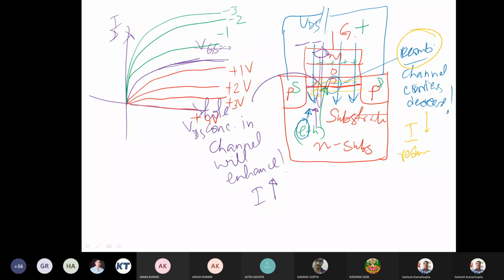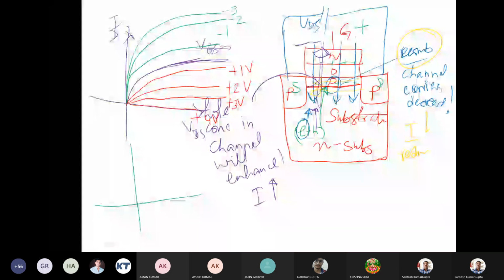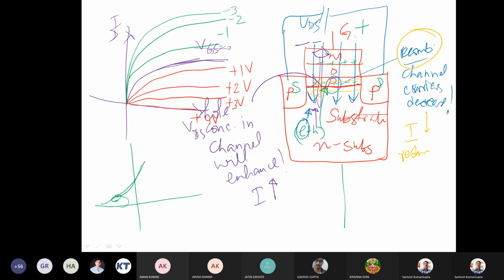So this is also going to work in two different modes. If we try to plot the ID versus VGS curve, the transfer characteristic, then for positive values we see the current decrease, and for negative values the current is going to increase. Something like this it will happen.